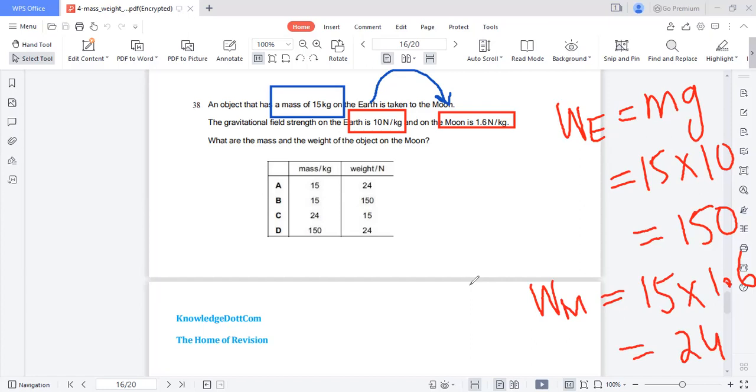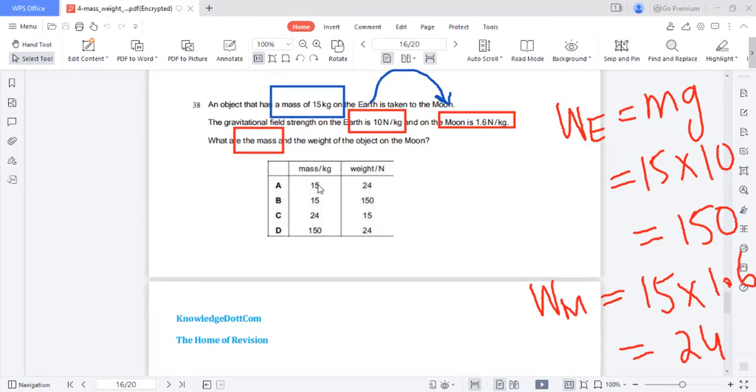Okay, now let's move to the question. What are the mass and weight of the object on the moon? So the mass of the object on the moon is the same as on earth.